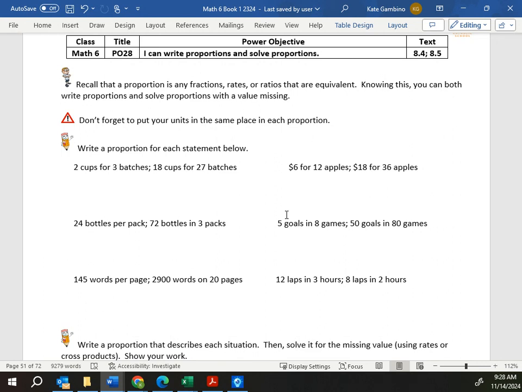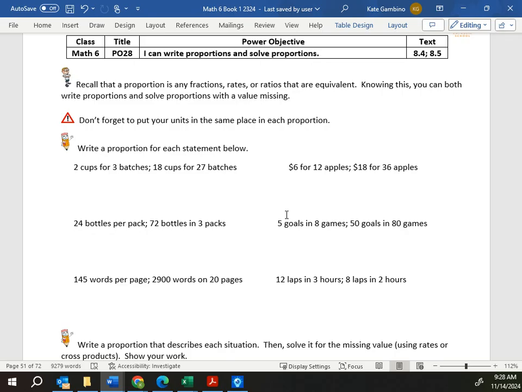So when they are equivalent, they are proportionate to each other. That means that we're multiplying the top and the bottom by that same scale factor. We're multiplying by the same number, or we're dividing by that same number. So we're finding those equivalent fractions. They are proportionate because they're going up or down by the same amount.